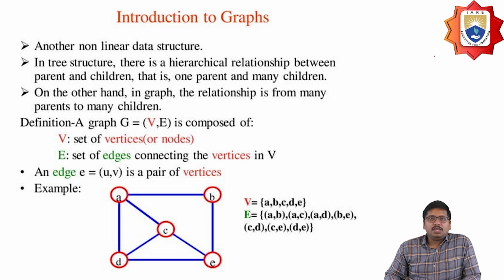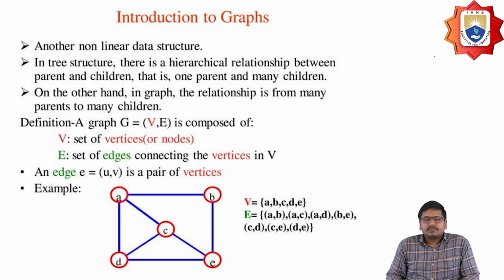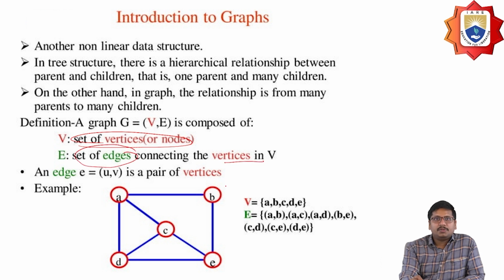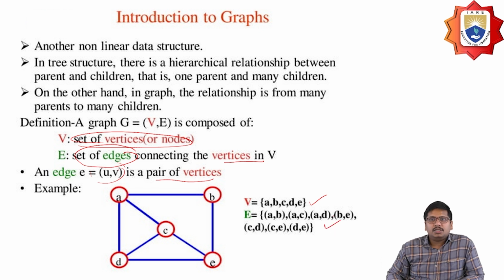V is the set of vertices or nodes, and E is the set of edges connecting the vertices, and an edge UV is a pair of vertices. For example, V is equal to A, B, C, D, E, and E is equal to AB, AC, AD, CD, CE and DE.